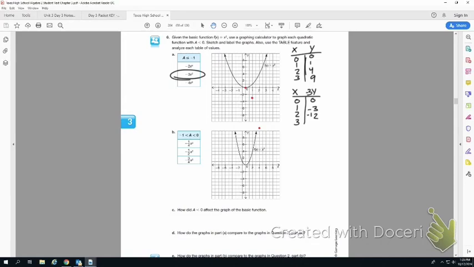The line of symmetry, or axis of symmetry. Okay, so my axis of symmetry on this one is still right there, and now I'm just going to reflect those points across. And it looks a little bit skinnier than that parent function.